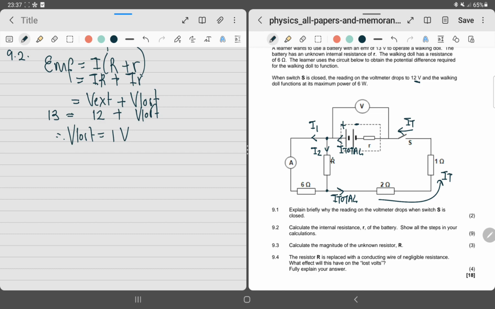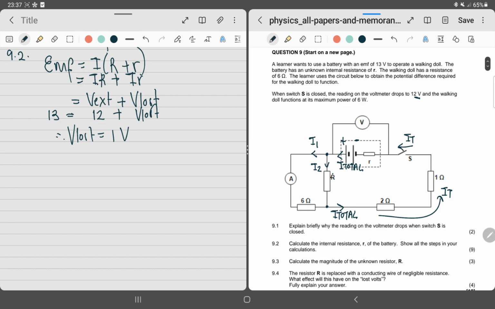Okay, let's look at the circuit. So R and the 6 ohm doll are connected in parallel. And then we know that for a parallel combination, the potential difference should be the same. However, the current will be divided. And then we have the power as well as the resistance.